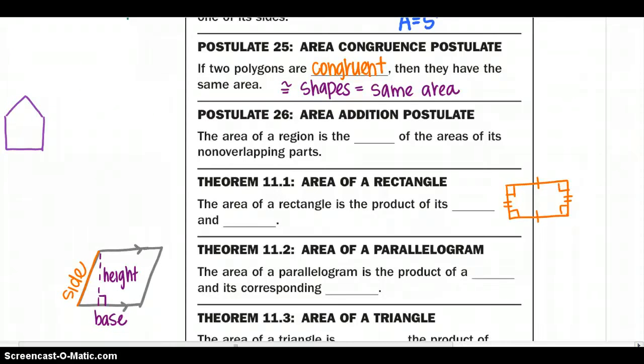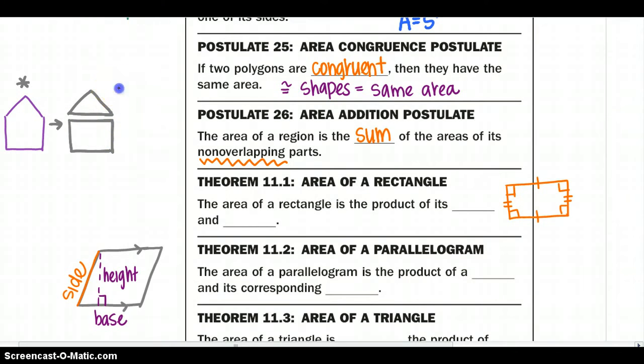So moving on to postulate 26, the area addition postulate says the area of a region is the sum of the area of its non-overlapping parts. So say I have a figure kind of like the one at the left. I don't necessarily have a specific equation for that, but I do have two specific area equations to find the area of a triangle and a square.